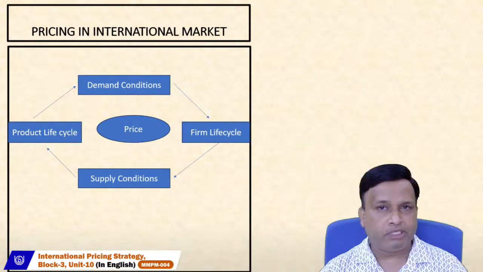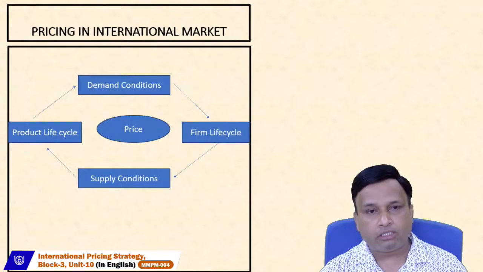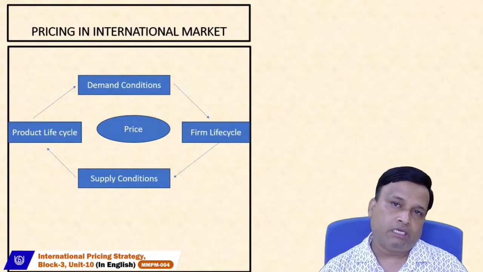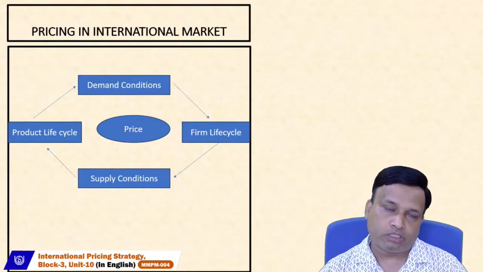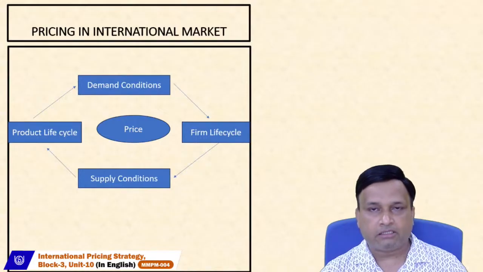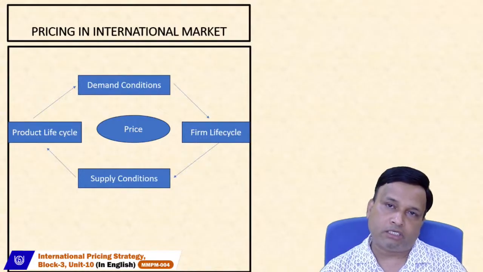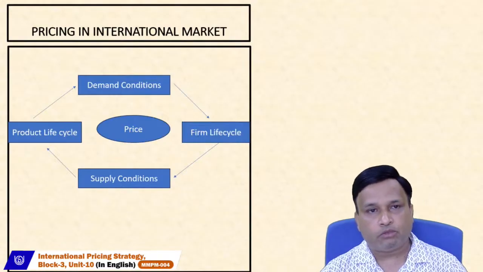You have to think about which life cycle stage the product is in, whether introduction, growth, maturity or decline. In international marketing, whether the product is in the introduction stage, which involves a lot of research and development, decides the pricing.